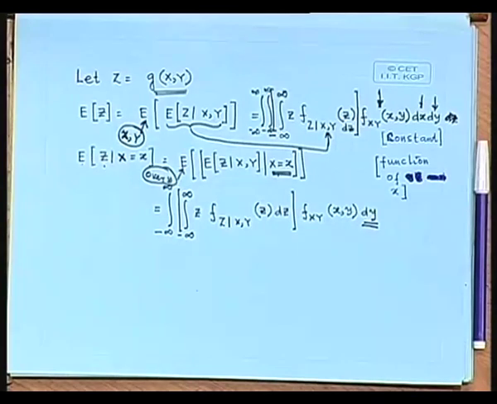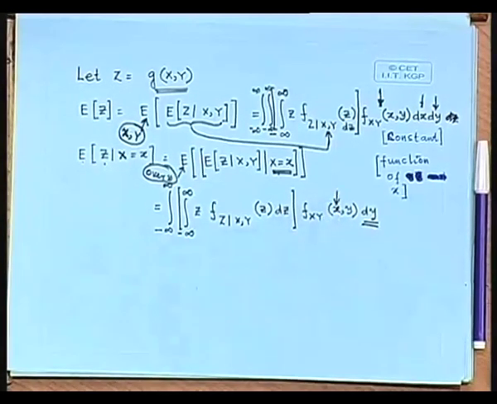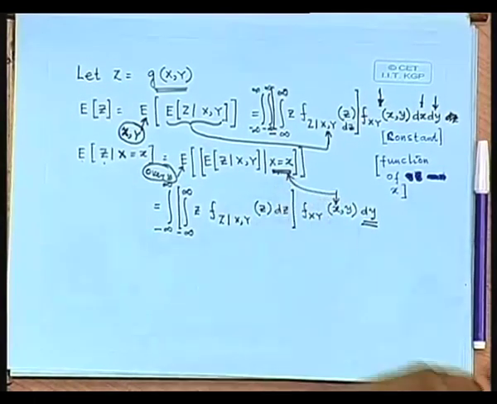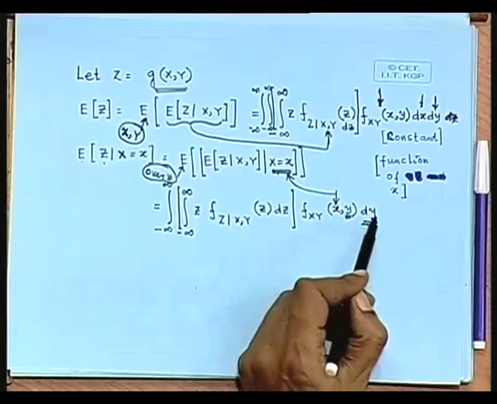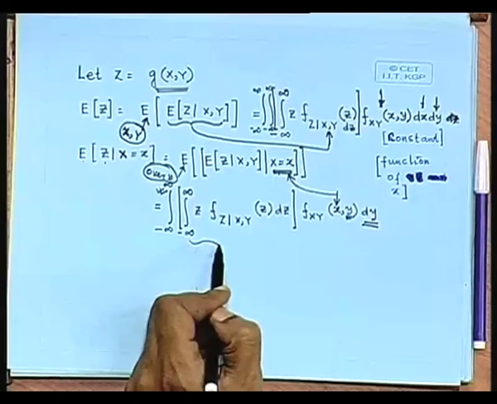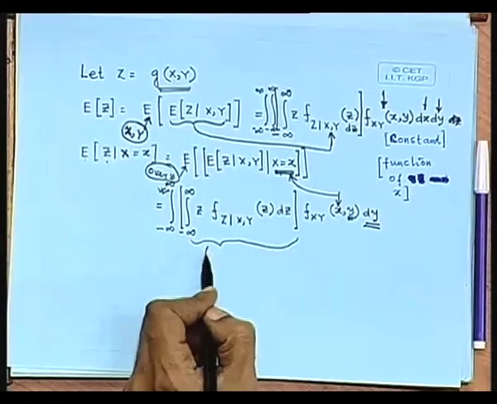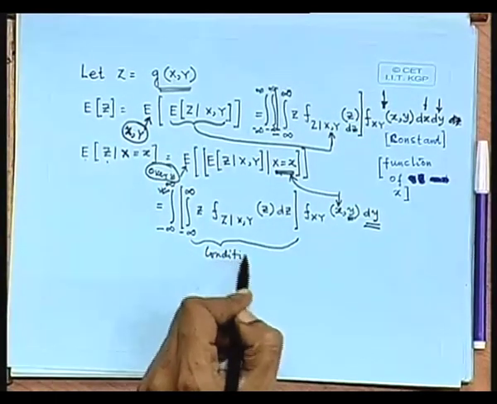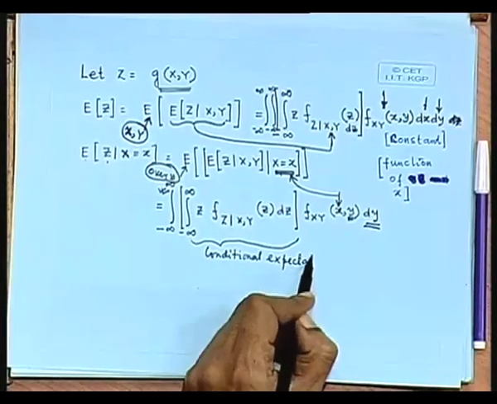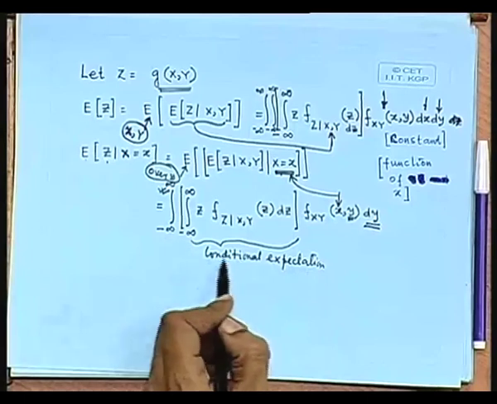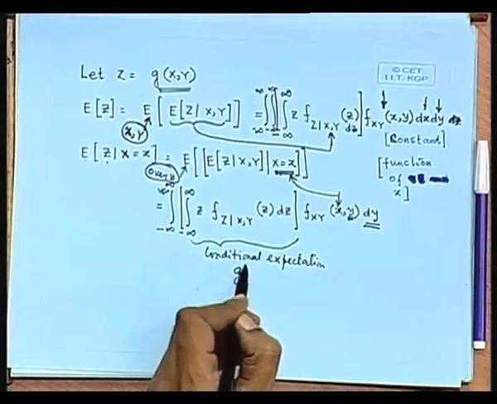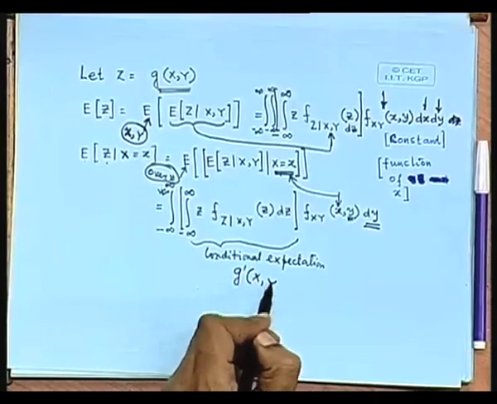Remember that this x is taking the value small x. It freezes x, while y is a free variable of integration. This is the conditional expectation, and it is some function g dashed of x and y.